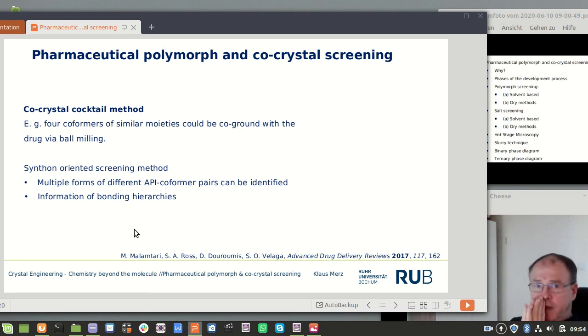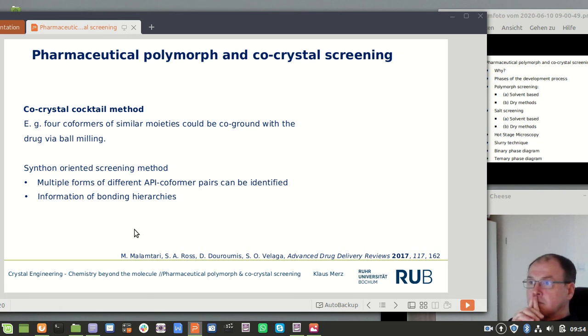If something happens, then this could be information for you regarding interesting intermolecular interactions, and second, information about hierarchies of the bonding situation.